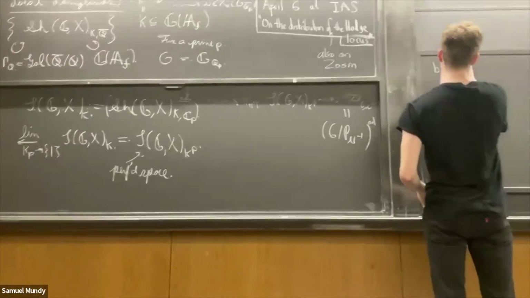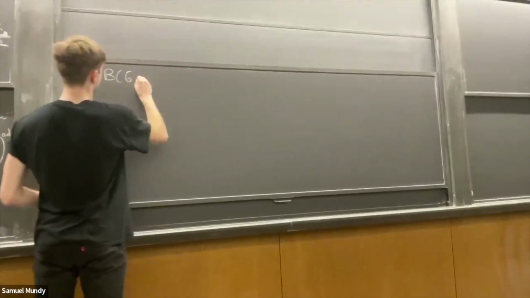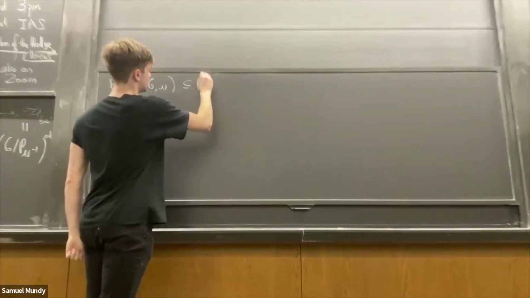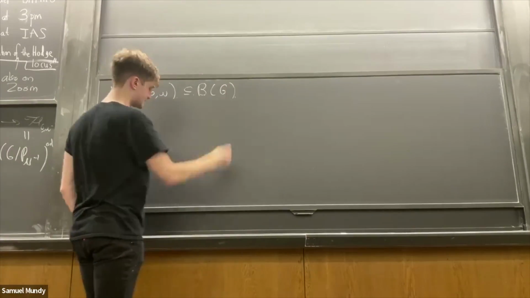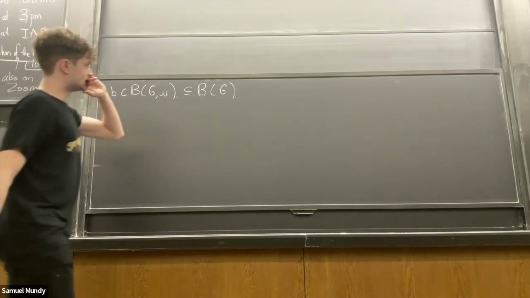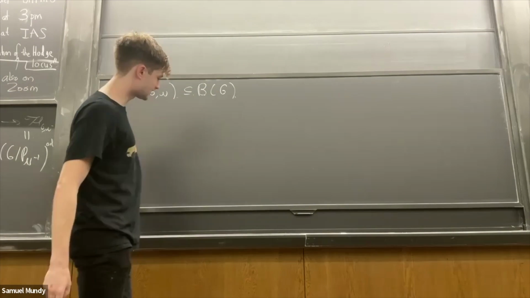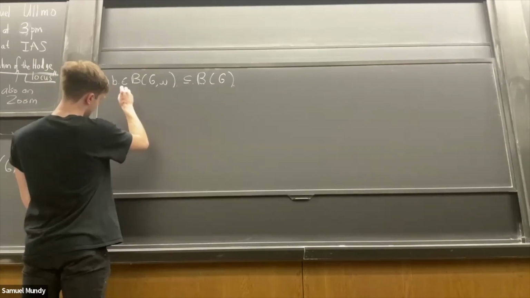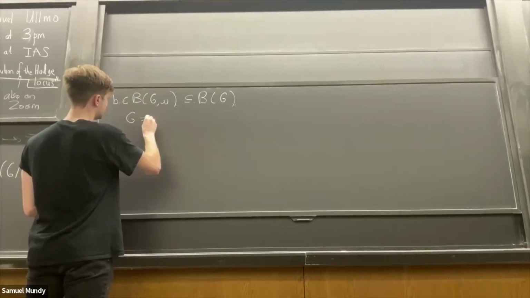So the behavior of this map is going to be dictated by some element in this set, B(G, mu), a subset of what's called the Kottwitz set of G. So I'm not going to tell you exactly what this is, but let me give you a way of thinking about it. So let me explain the case of GLn.